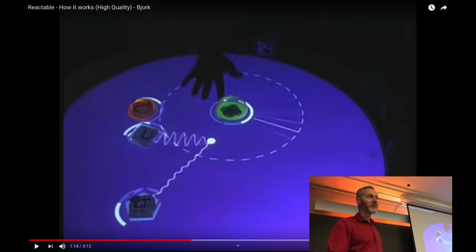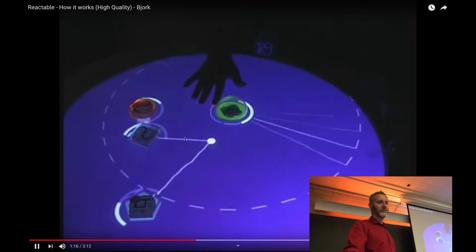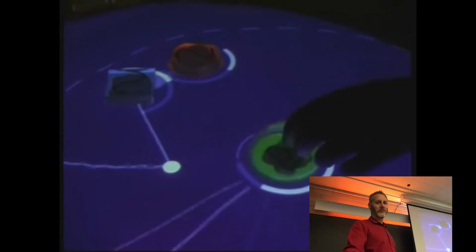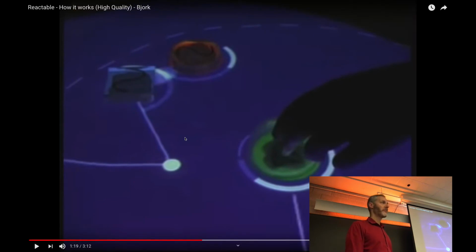So the shape of the line is telling you something about the quality of the sound that's being passed from the dot to the object or the object to the dot. Object to the dot. So sound is flowing from this object to this object and from this object down to this object.